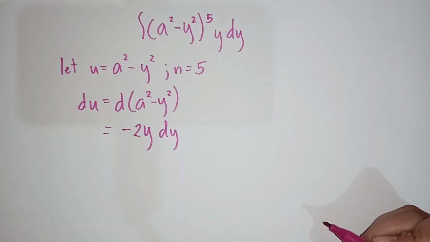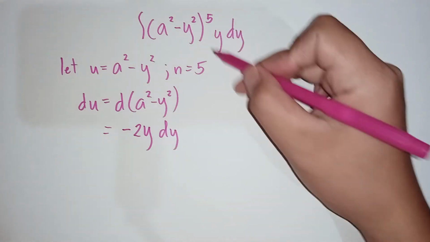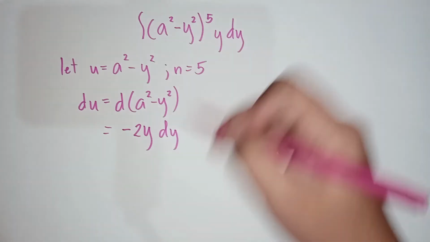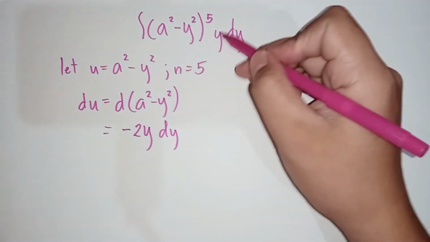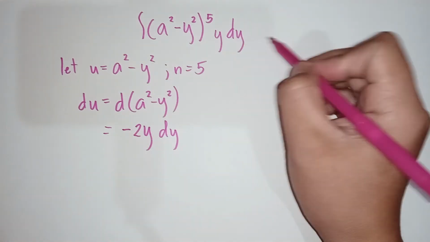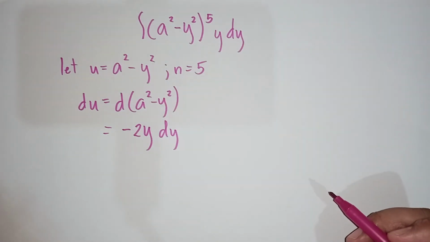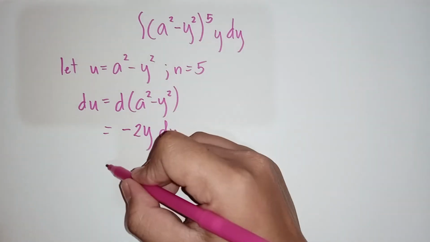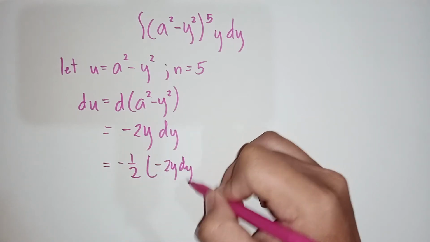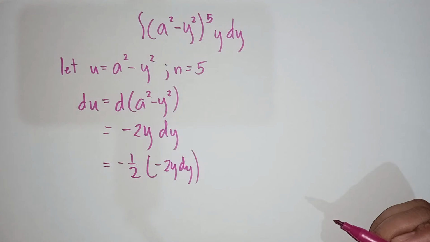Okay? Now, if you notice mga boss, here we have y dy, not negative 2y dy. So, hindi pareho. So, para mabalance natin na maging y dy siya, so anong i-multiply natin sa negative 2 to make it y dy? Yes, correct mga boss. So, we are going to multiply here negative 1 half to negative 2y dy to make it y dy.